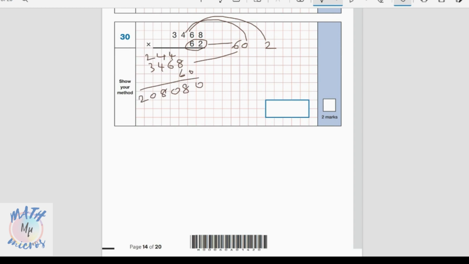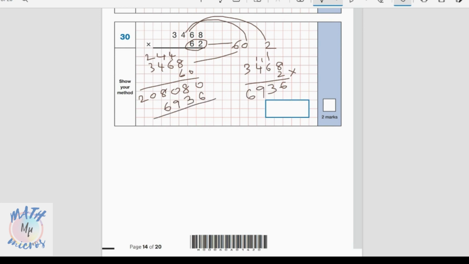All right. Now I'm going to multiply 3468 by 2, which is nothing but 8 twos are 16, 6 twos are 12 plus 1, 13, 4 twos are 8 plus 1, 9, and 3 twos are 6. So I'm going to add these both together. So I'm going to align it properly for easier addition.